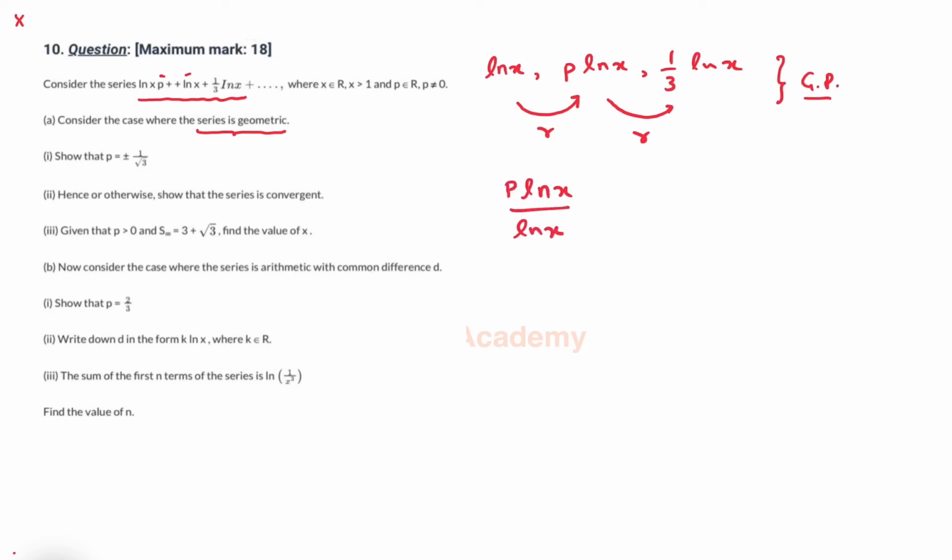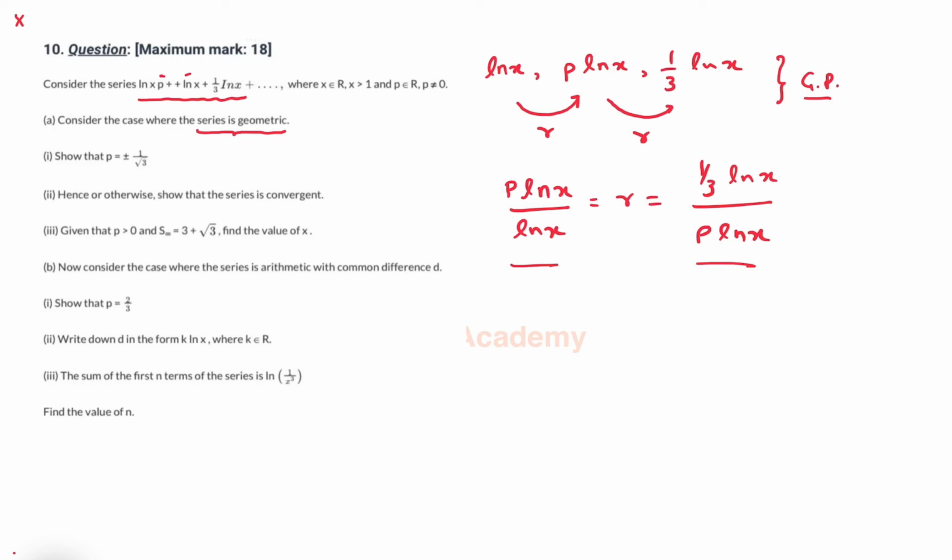So I can say p natural log of x divided by natural log of x must be equal to r, and this must also be equal to 1 by 3 natural log of x divided by p natural log of x. Correct?